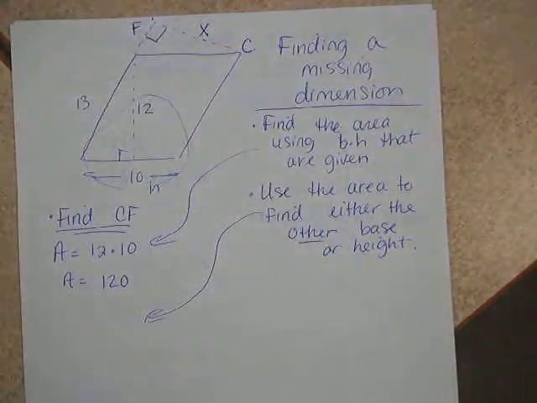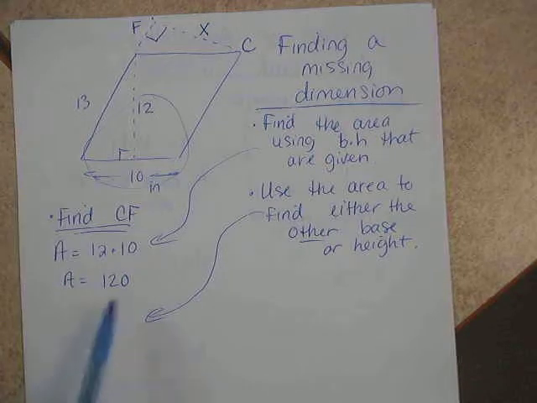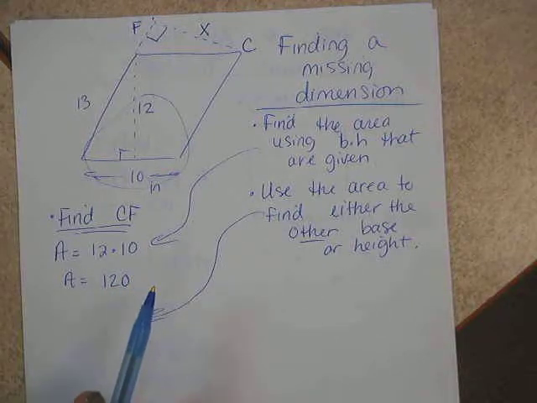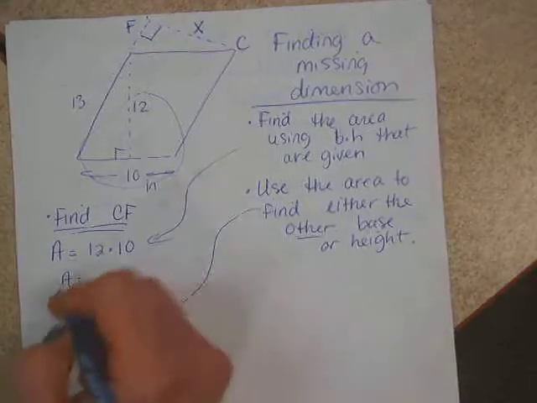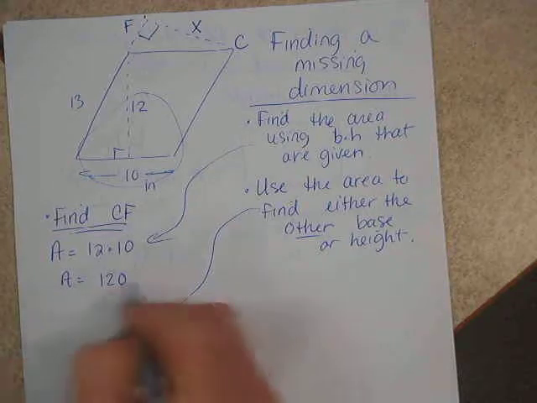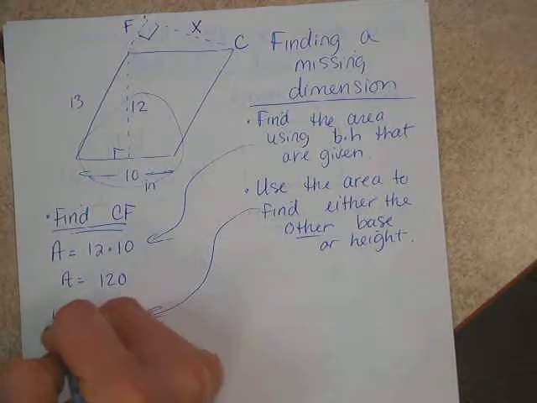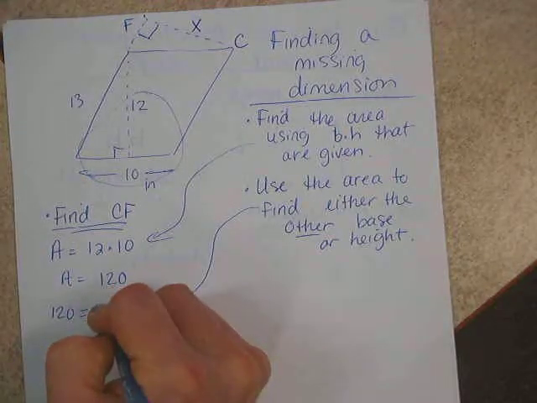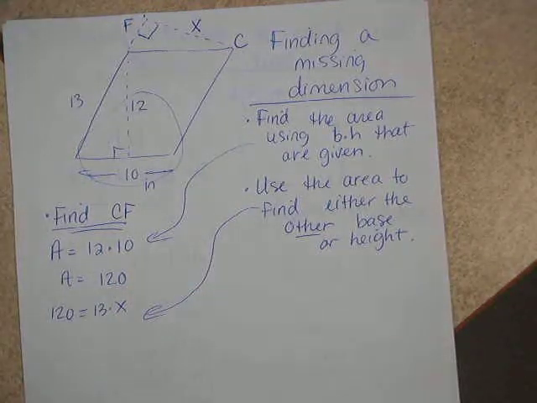Now we're going to use the area to find the other base or height. But remember, you've got to use the two that are perpendicular. Okay, so why don't we call this x? So if the area is 120, then it shouldn't matter which pair of dimensions we use, right?